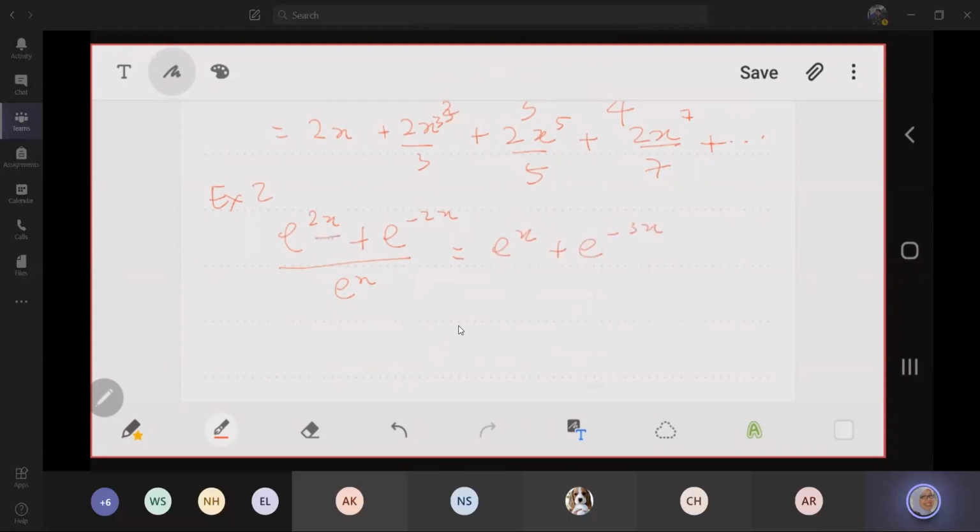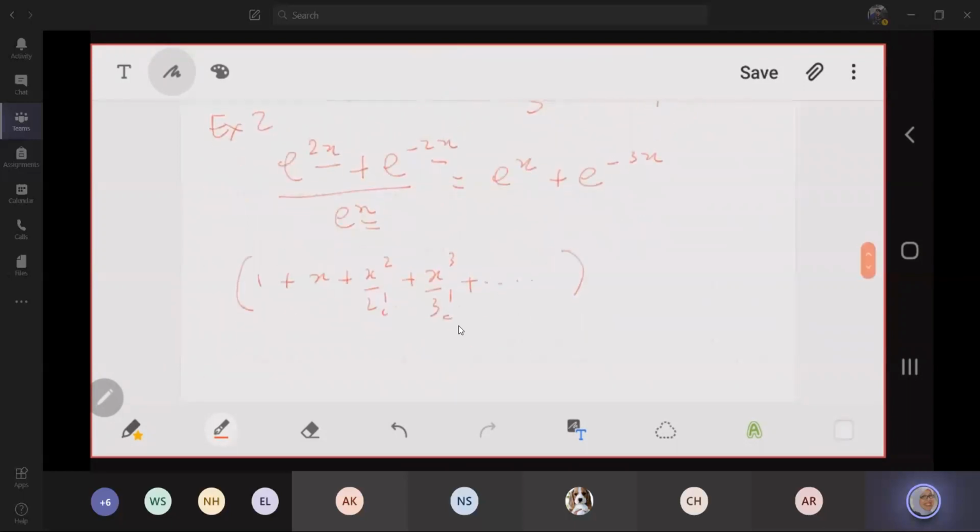Then you just put in the values. e to the x equals 1 plus x plus x squared on 2 factorial plus x cubed on 3 factorial plus dot dot dot, and then plus e to the minus 3x.